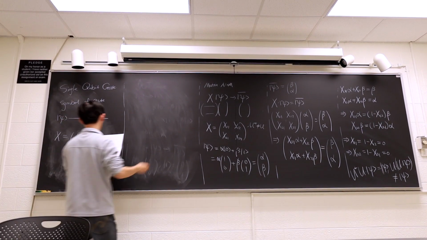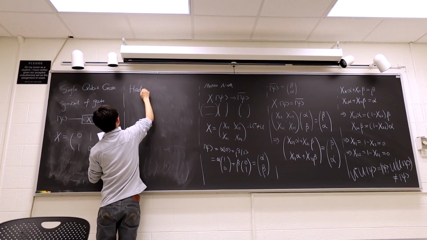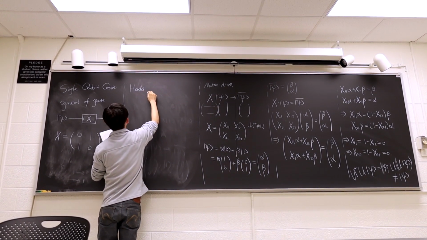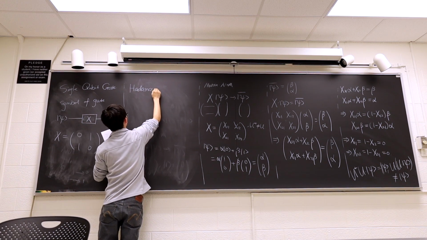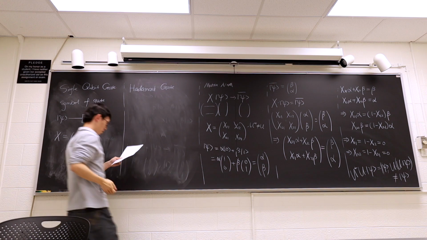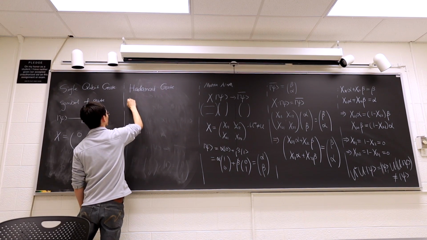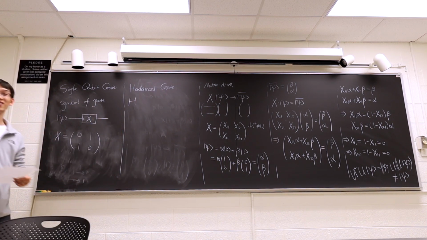It's called, I need to learn how to pronounce this, Hadamard. The symbol is quite confusing because it's the same as Hamiltonian. The symbol is also H.